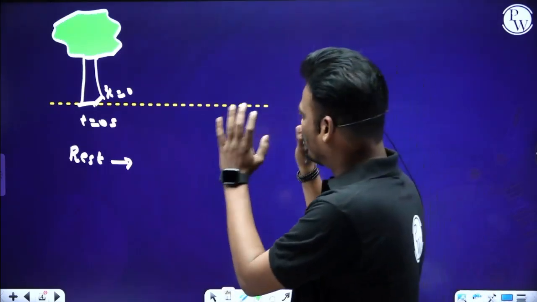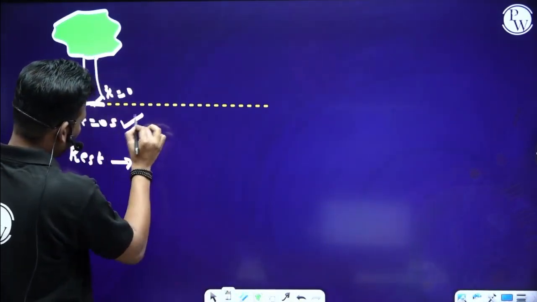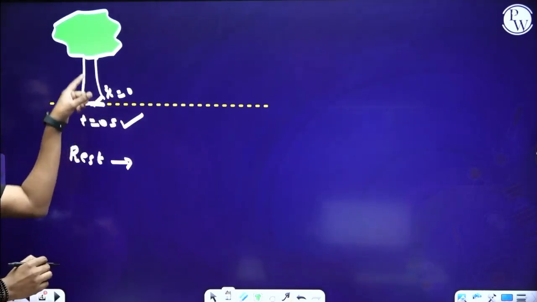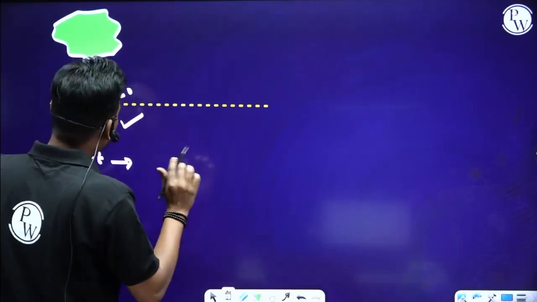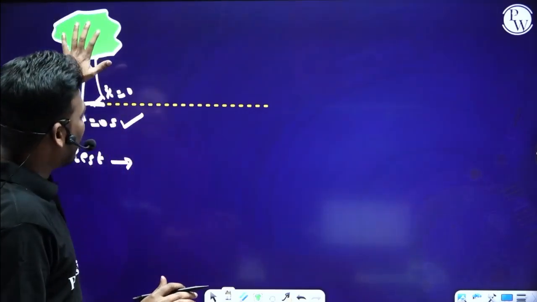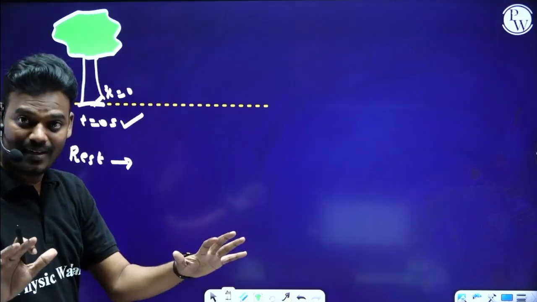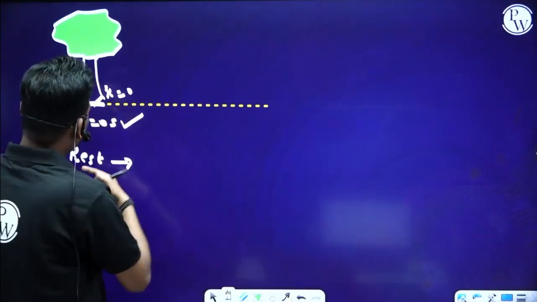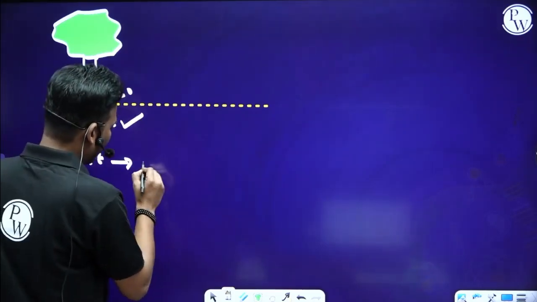With respect to this position, with respect to time, the position of this tree is not changing. So can I consider this tree as an object so that I can define it very easily?